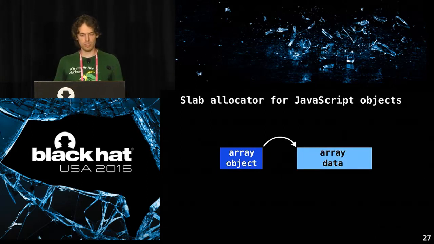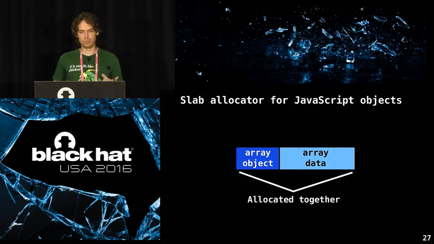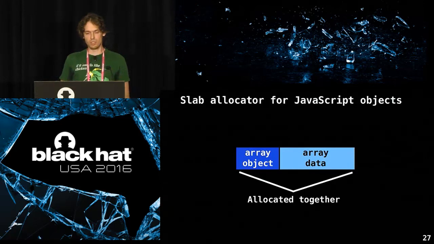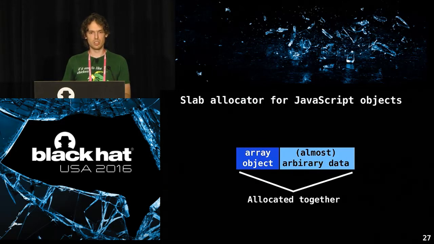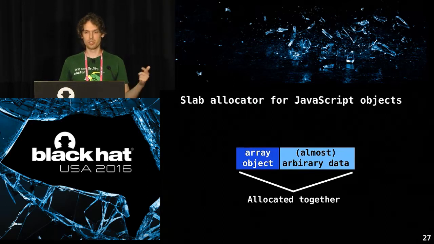And for small arrays, those are allocated together, probably for performance reasons. So we're actually interested in the data part of the object, but because they're allocated together, we can calculate it from a reference to the object itself.